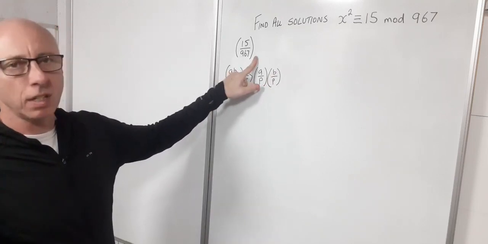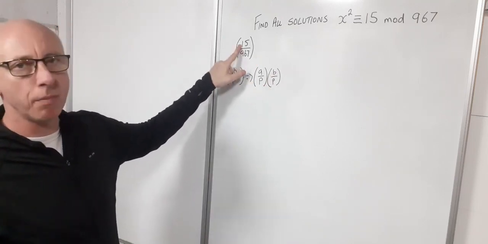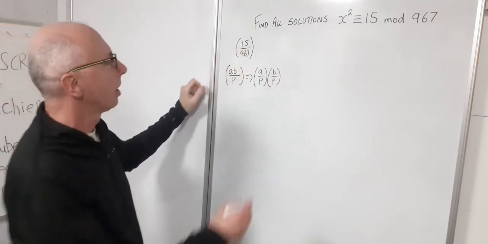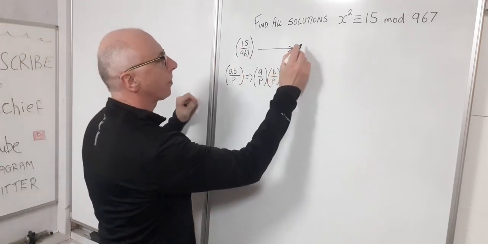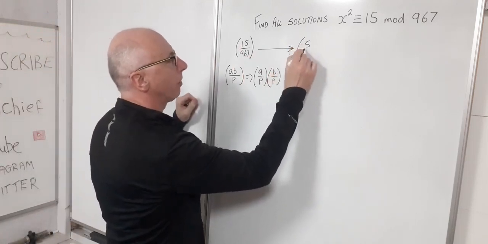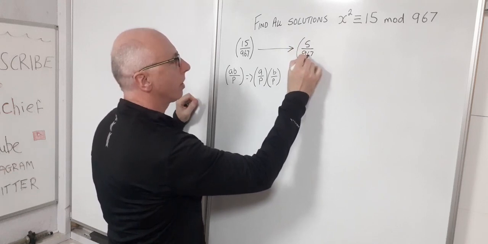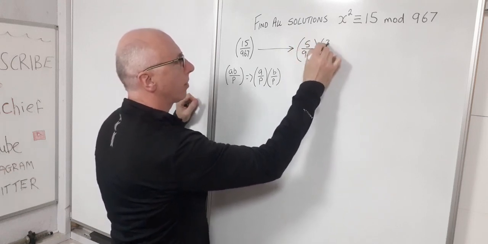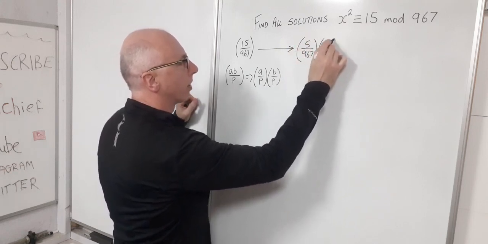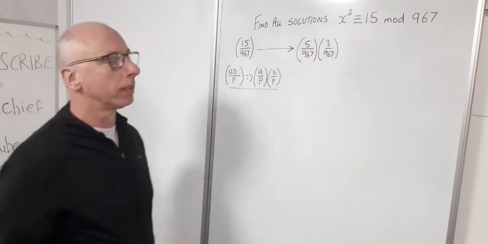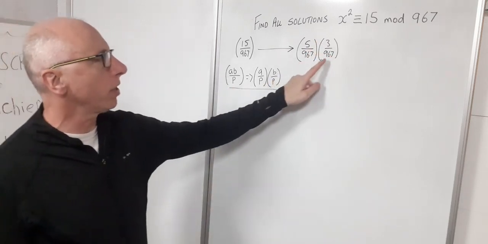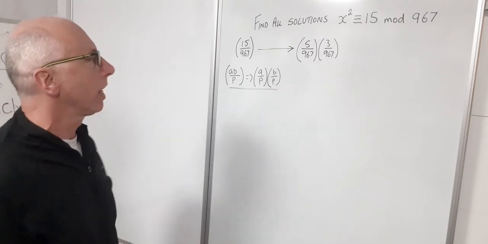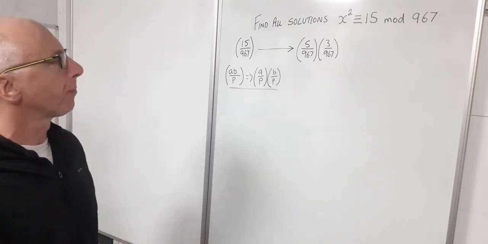So 15 prime factorises into 5 and 3. If I bring this out, this will now become (5 over 967) and (3 over 967), by this rule here. Now we'll solve these two Legendre symbols individually and see what we get.